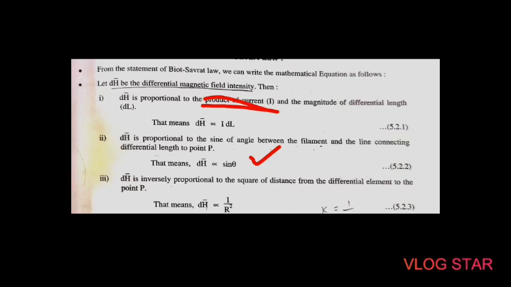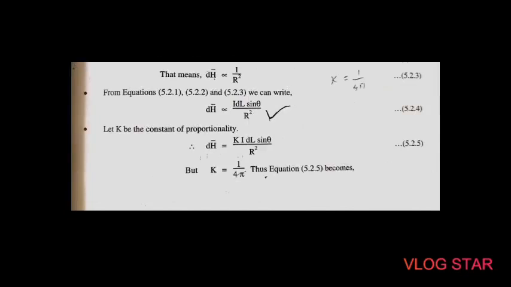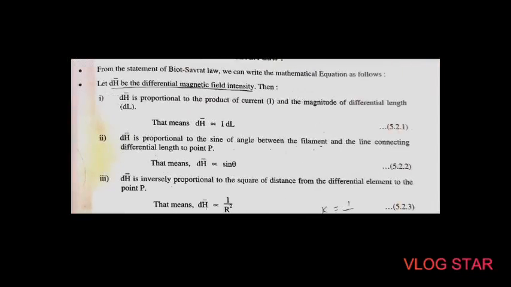This is our second statement. The third statement is that dH bar, the magnetic field intensity, is inversely proportional to the square of the distance between them, so we can write 1 upon R square. These are the three statements. Then collectively we can write dH bar is directly proportional to I dl. This is our first statement.